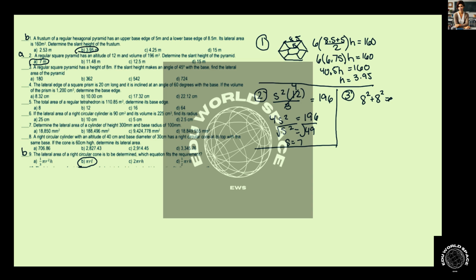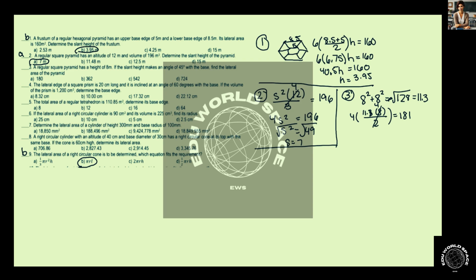That equals 128, and the square root of 128 equals 11.3. Then it's 4 triangles times 11.3 times 8, divided by 2. The 8 and the 2 simplify, so that's 4. Then I do 4 times 11.3 times 4.